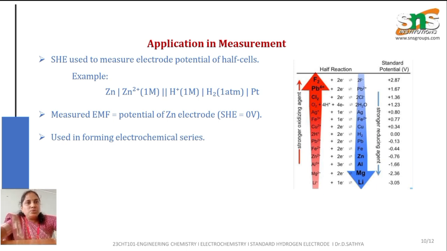So the SHE is used to measure the electrode potential of half cells. The measured EMF is equal to the potential of the zinc electrode, since the SHE is 0. It is also used for forming the electrochemical series. This is a very useful application of the SHE: to create the electrochemical series. In this table, we can see the standard electrode potential of all the metals obtained by using this electrode.